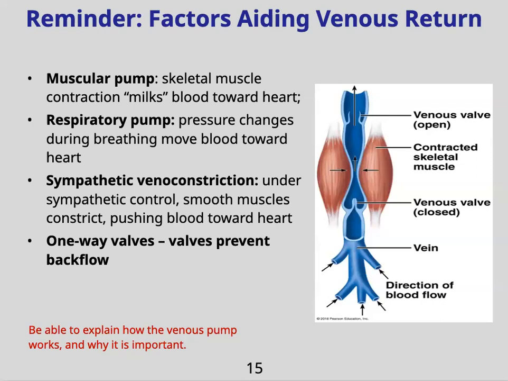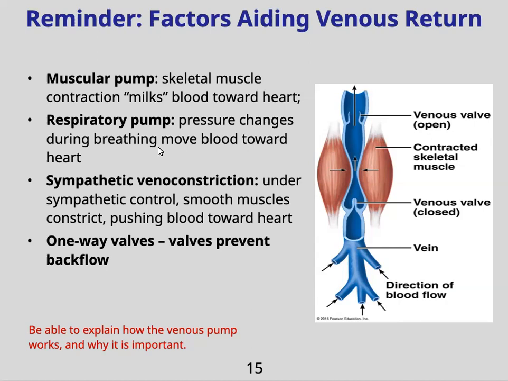This slide reminds us that because of the low pressure gradient from venules to veins, our body has several mechanisms that help to ensure adequate venous return back to the heart. And these mechanisms include the muscular pump, which involves skeletal muscles milking blood back to the heart. We also have the one-way valves that prevent backflow.